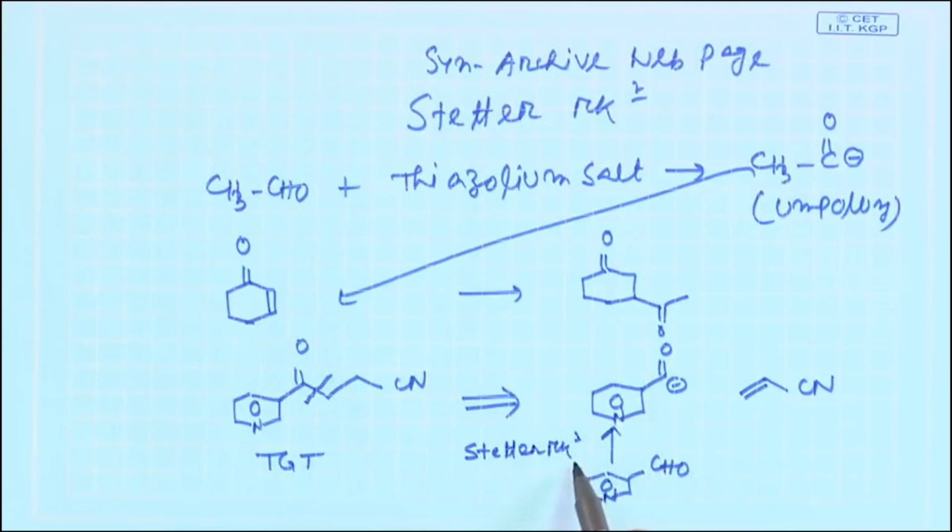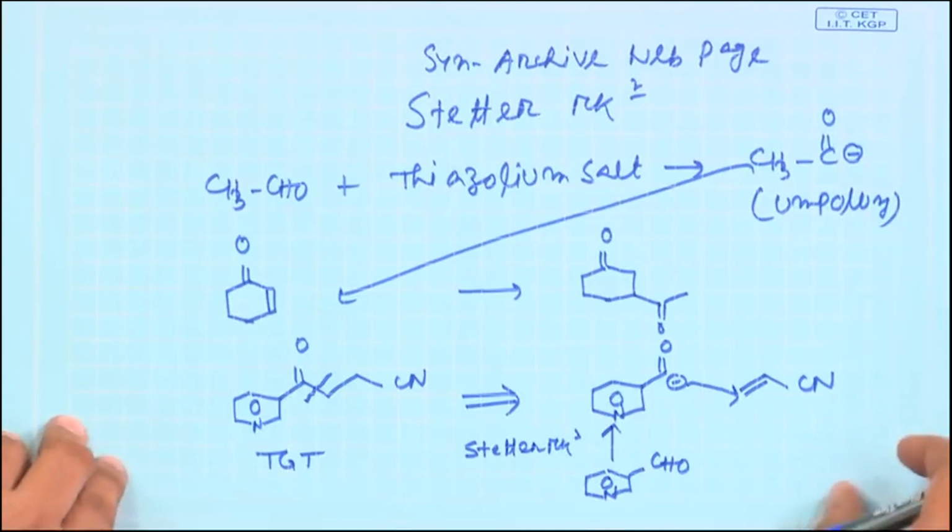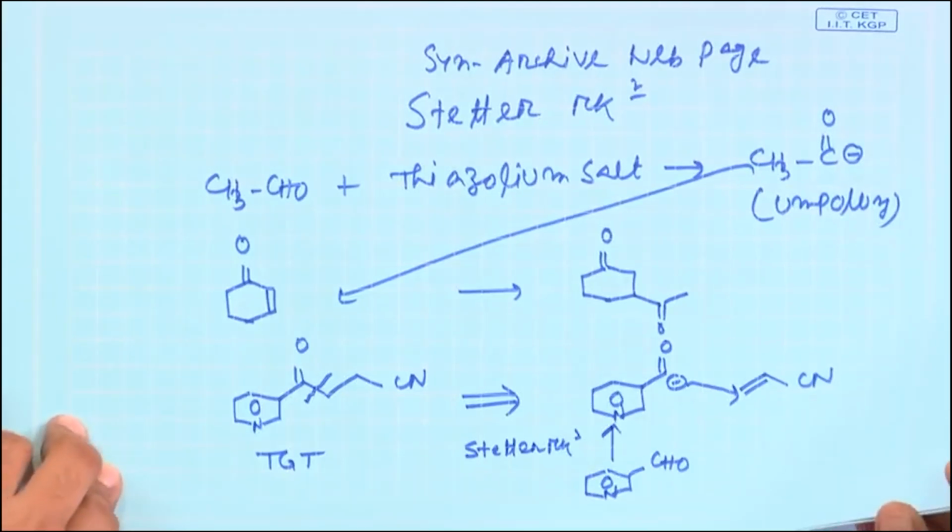Now, this reaction condition will make sure this species is generated, and then it attacks in a Michael fashion, and then basically you will get the target molecule. Now, the Stetter reaction is a very important reaction, as I said, and hopefully you will try to explore its mechanism, but eventually from the mechanistic perspective it is similar to the benzoin condensation.